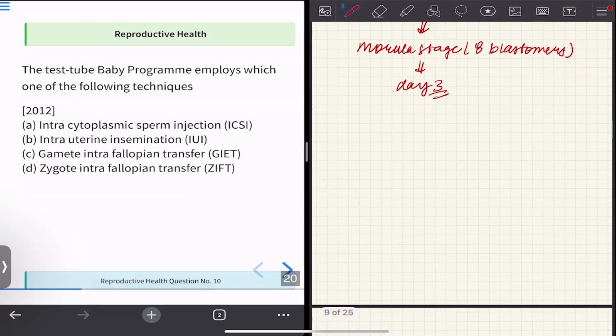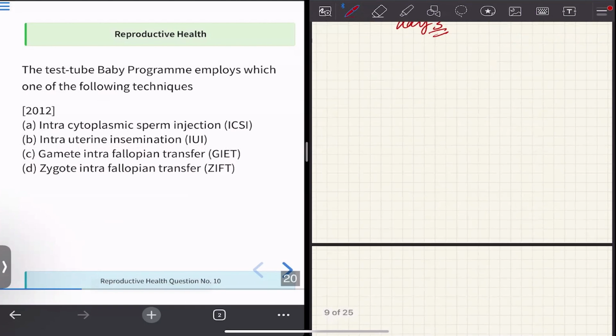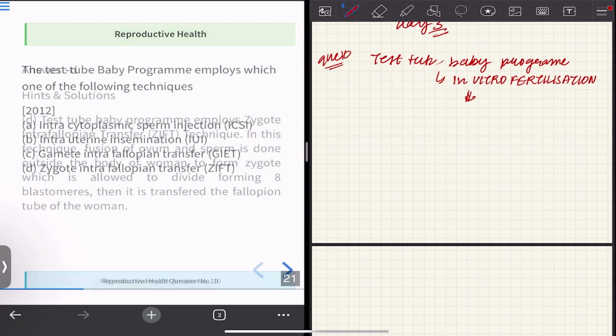The test tube baby program is a part of in vitro fertilization. So question number 10, we have the test tube baby program, in vitro fertilization. And what is involved in it? Intracytoplasmic sperm injection is not usually given.